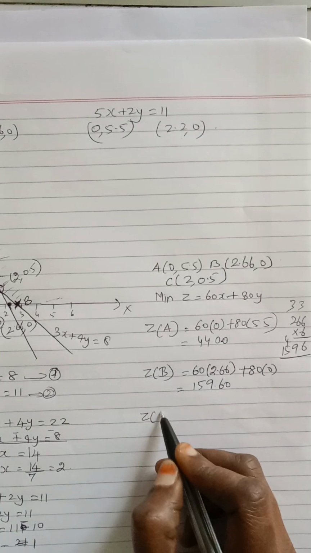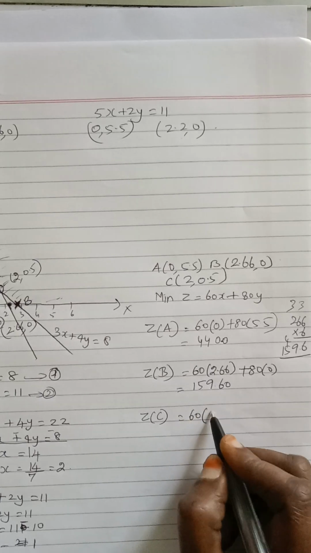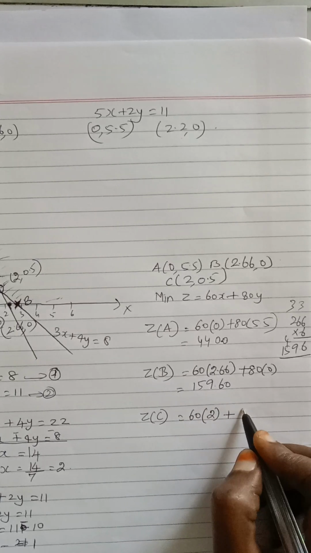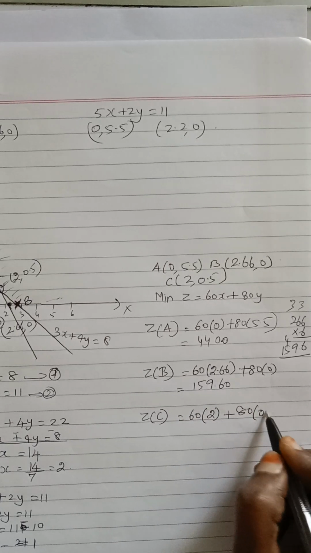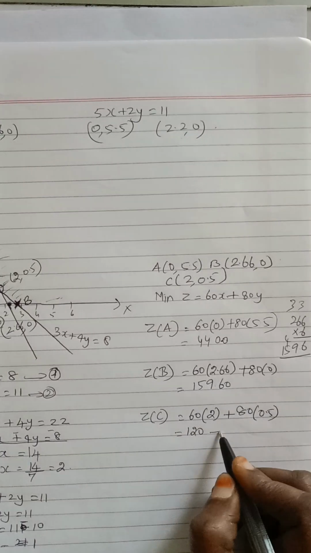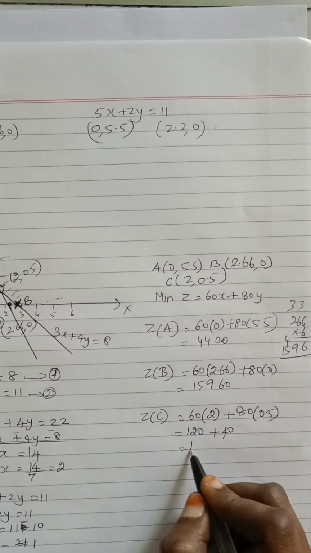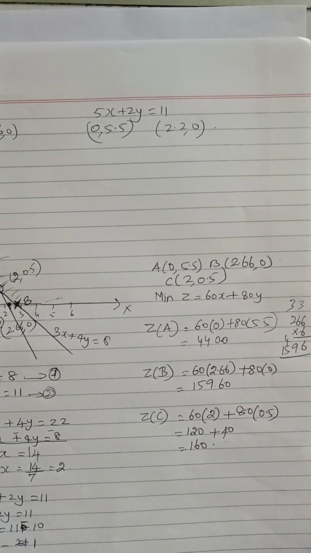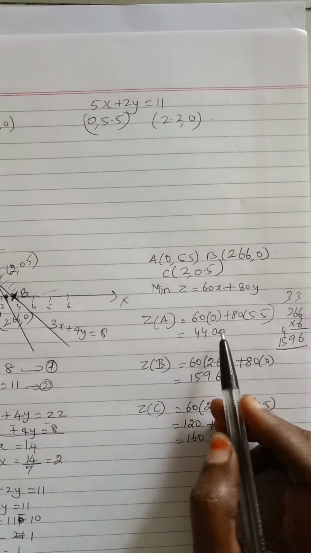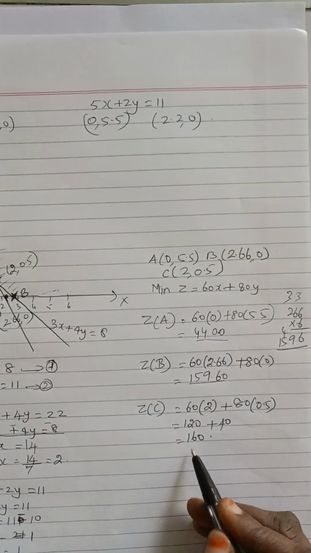Now z of C will be 60 into 2 plus 80 into 0.5. 60 into 2 is 120, plus 80 into 0.5 will be 40, which is equal to 160. So we have three values, that is 440, 159.60 and 160.